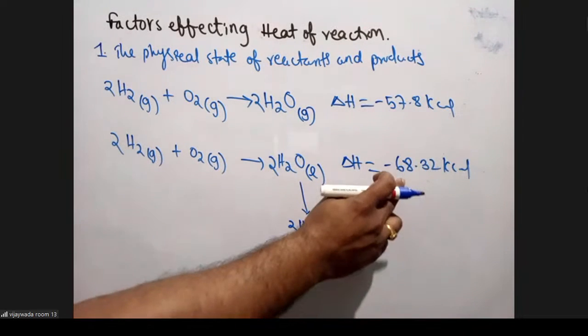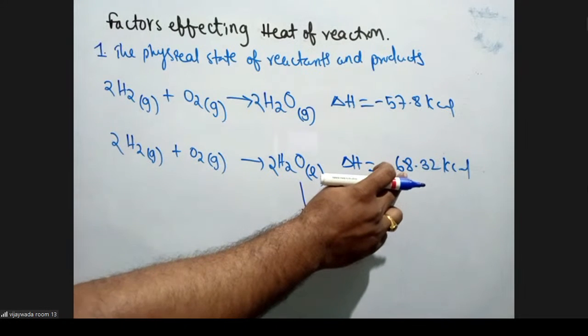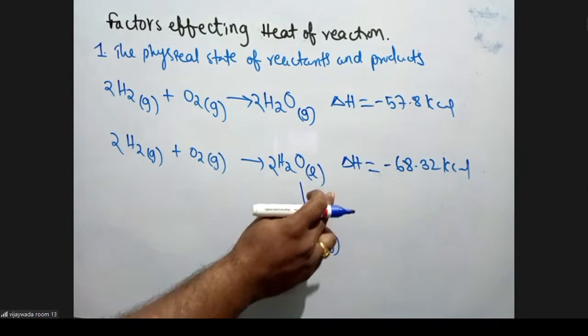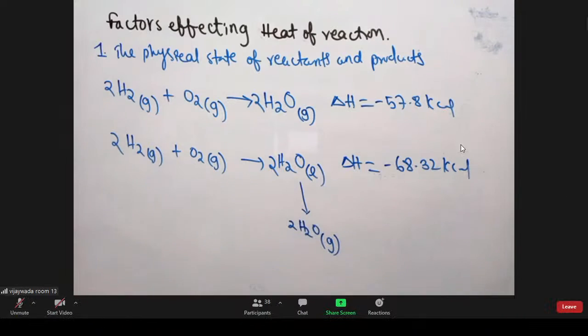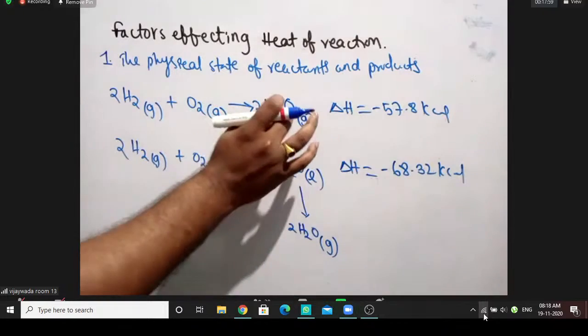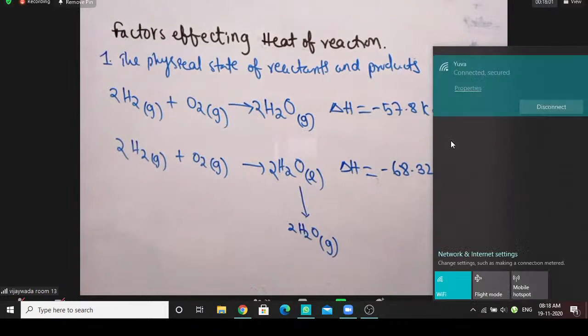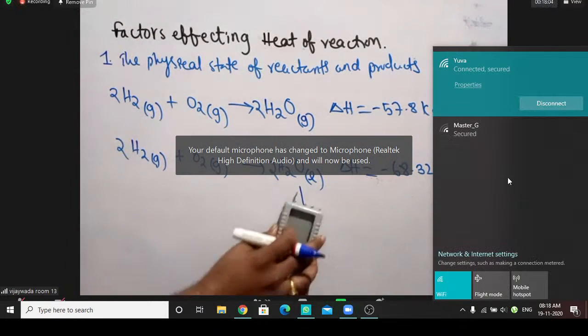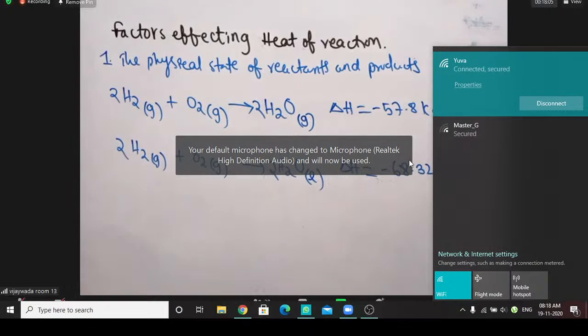So some amount of energy is again utilized to bring this water into gaseous form. So whatever it may be, if the physical state changes, the heat of reaction also definitely changes. That is the point. Understood?